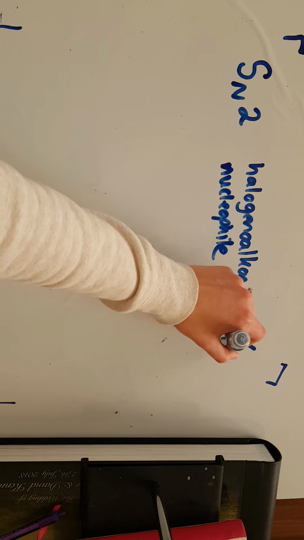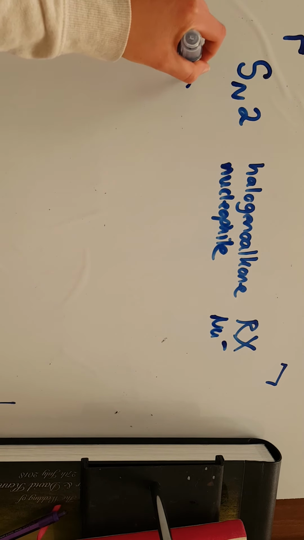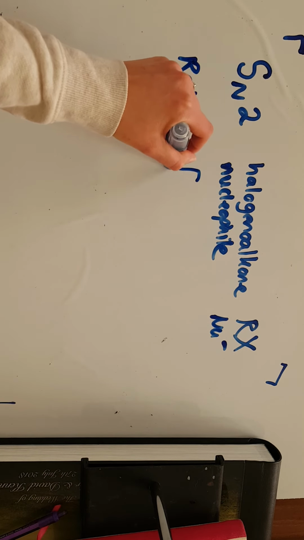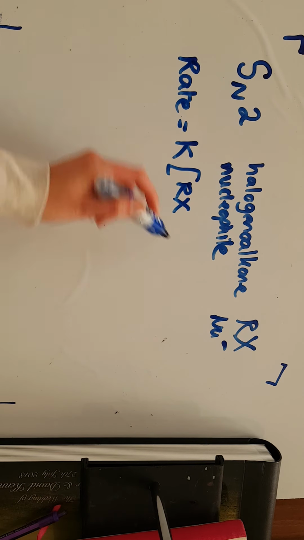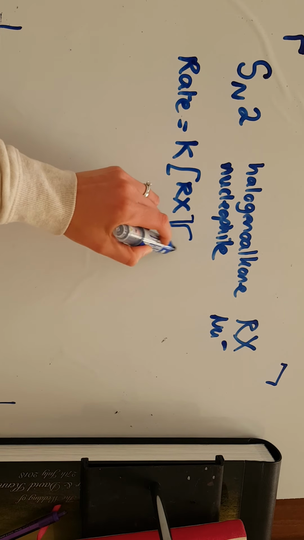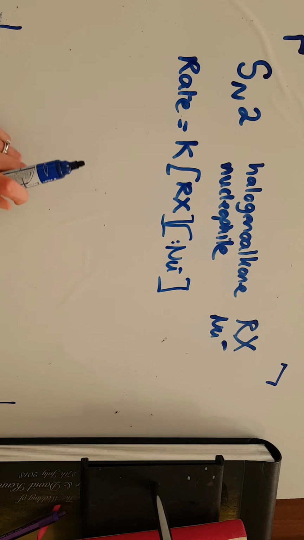So if I was to write a rate equation for this, I would say the rate is equal to the rate constant. It's going to be depending on the concentration of the halogenoalkane, and it's also going to be depending on that nucleophile.